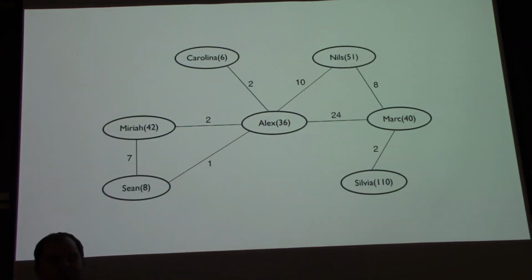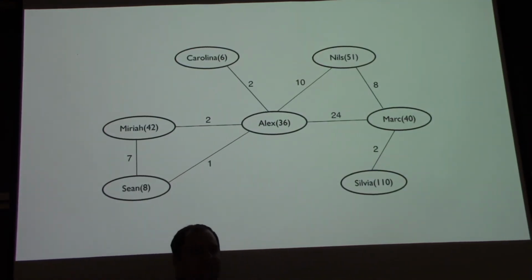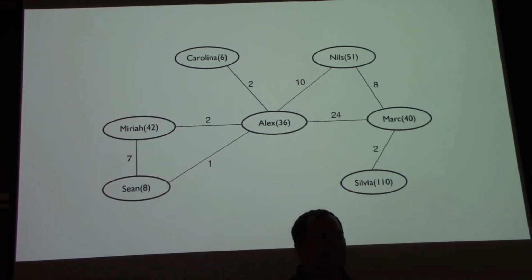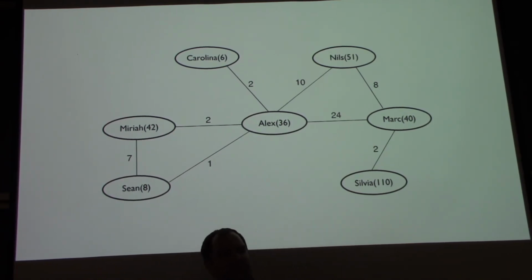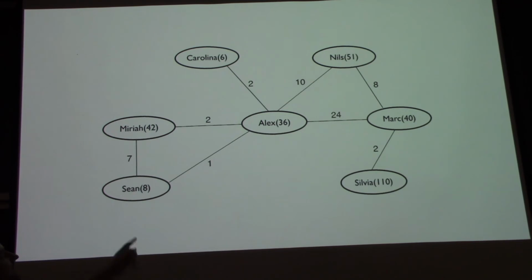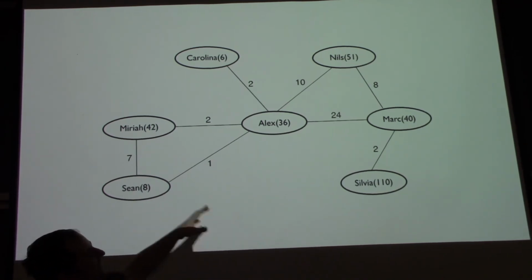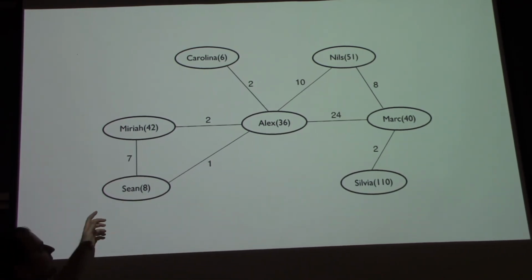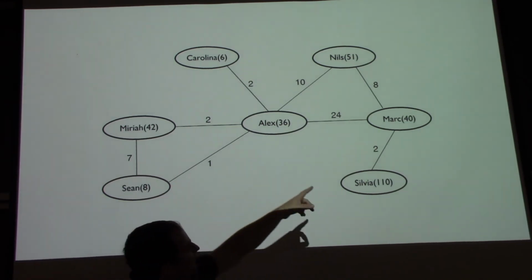How is Sean connected to Sylvia? So this is pretty easy to do, right? You simply trace Sean, Sylvia's over there. You look at what is the closest connection. So it's Sean, Alex, Mark, Sylvia.